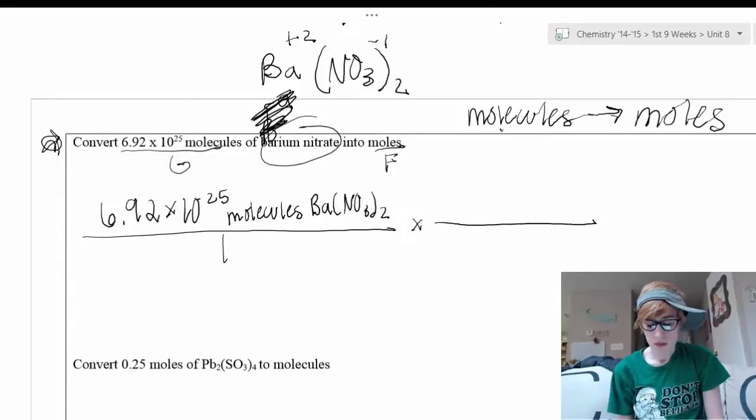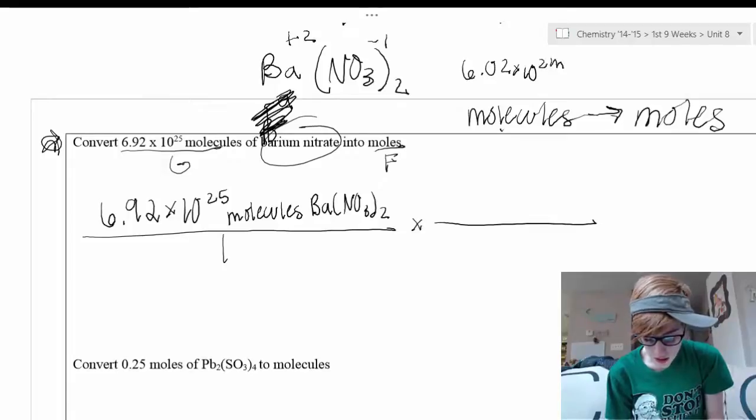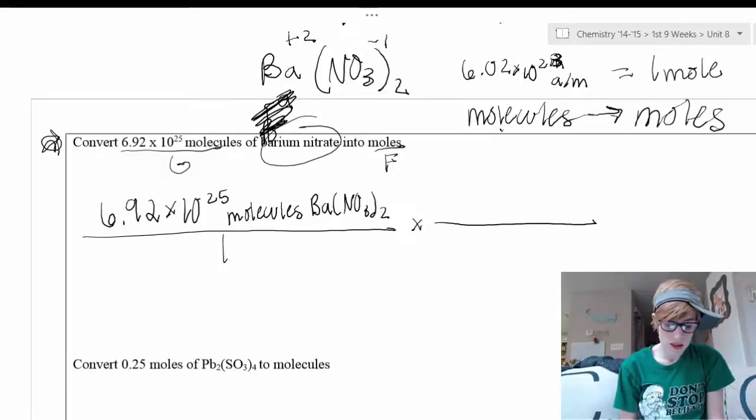So what's my next fraction going to be? Well, I'm going from molecules to moles, so what conversion factor can get me from particles or molecules into moles? Well, we know that 6.02 times 10 to the 23rd atoms or molecules will equal 1 mole. So that's the conversion factor we want. Which way are we going to set this up?